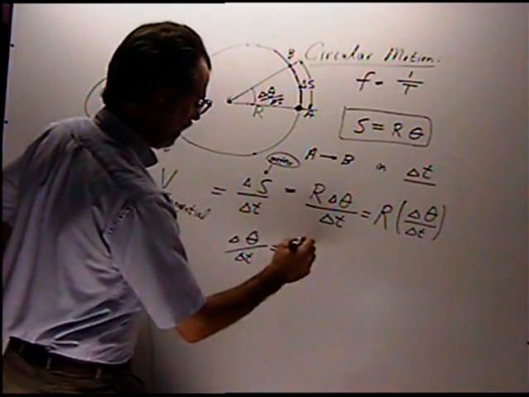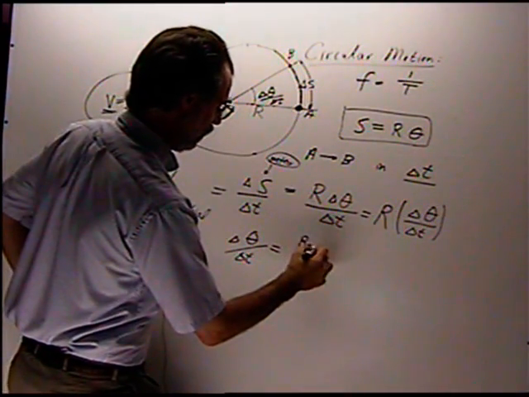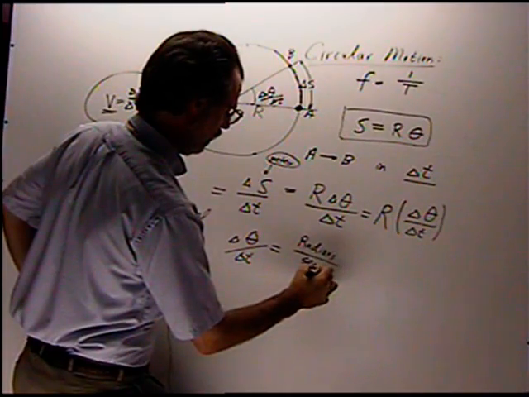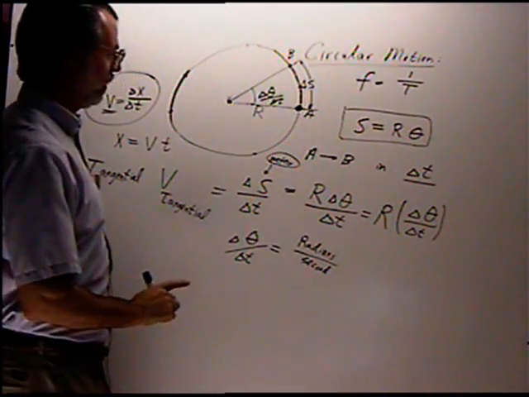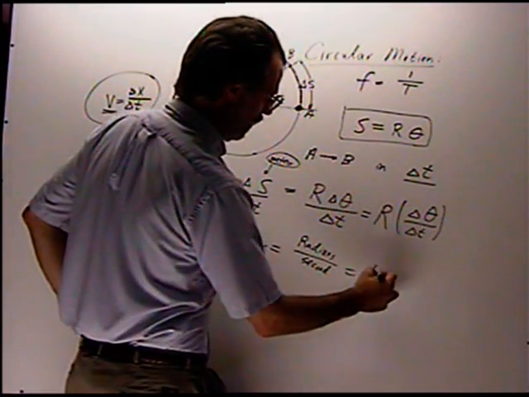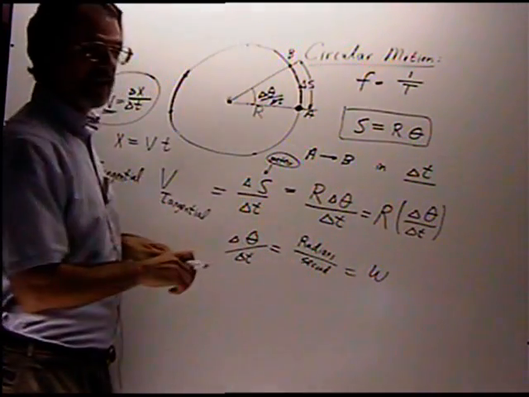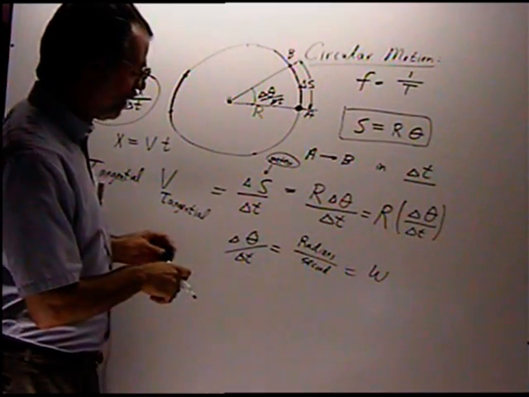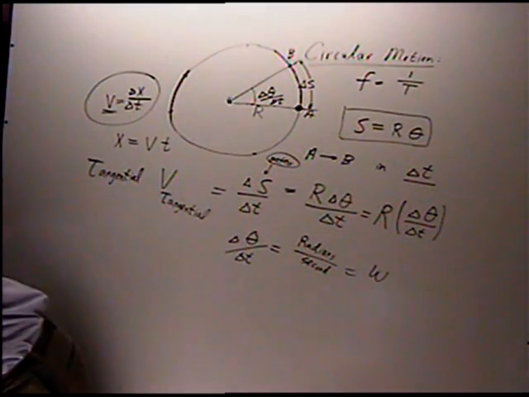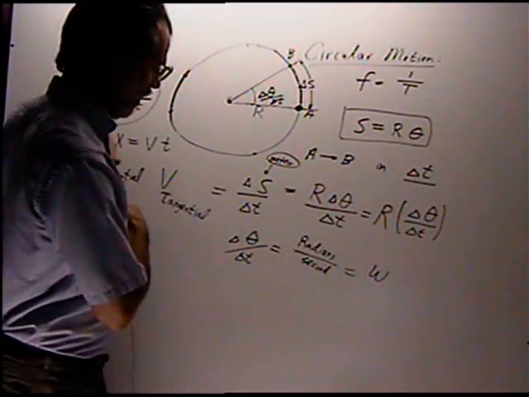Remember, theta is in radians, so this is in radians per second. This is given the term, we'll call it omega, which is angular frequency.